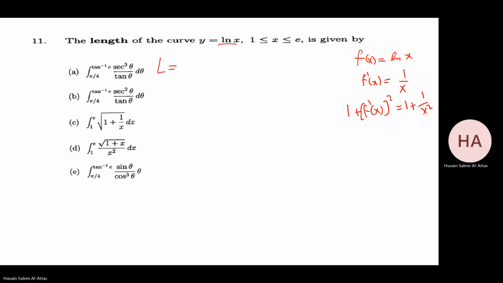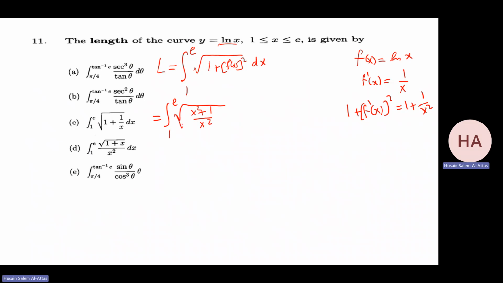L will be the integral from 1 to a of the square root of 1 plus f prime of x all squared dx. That is the integral from 1 to a of the square root of x square plus 1 over x square dx. And from 1 to a, x is positive, so the square root of x square plus 1 over x dx.